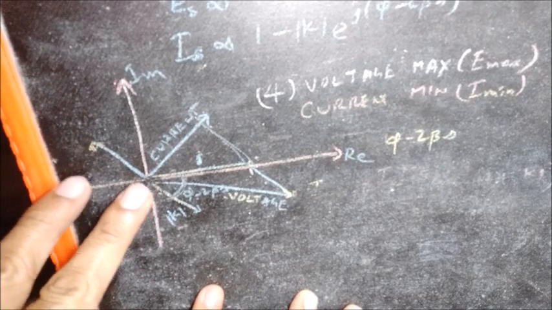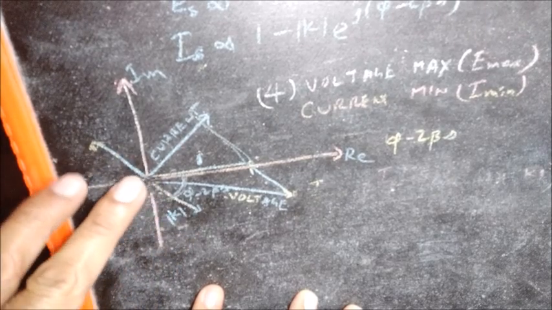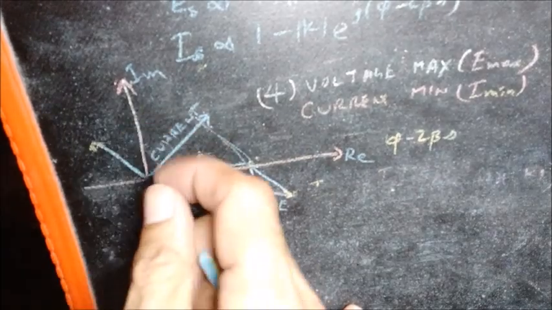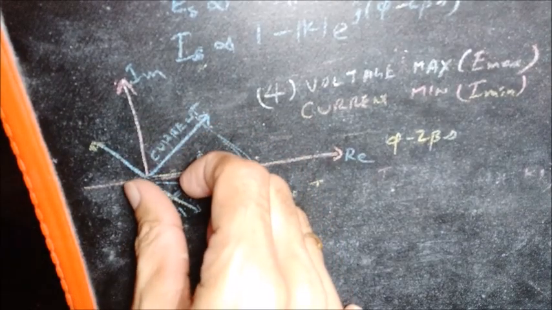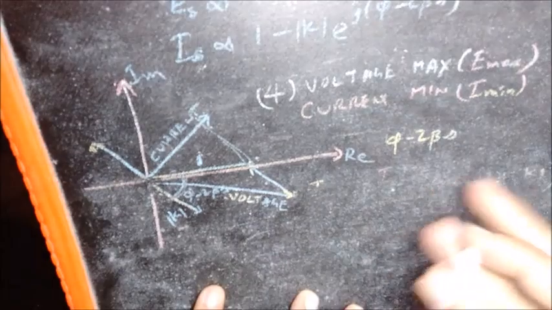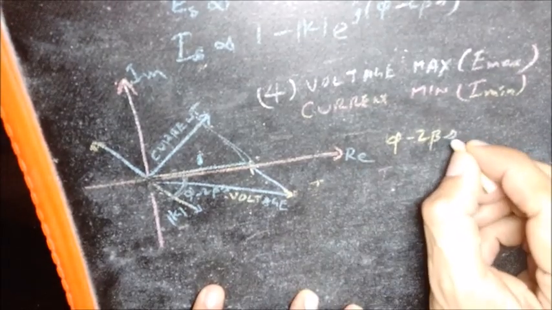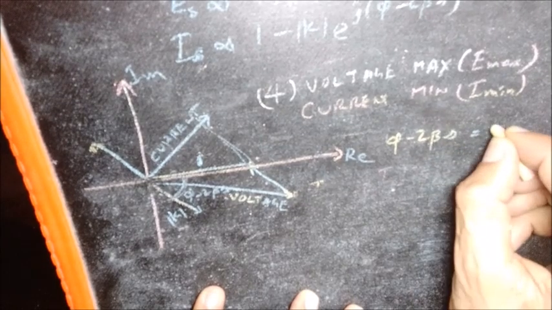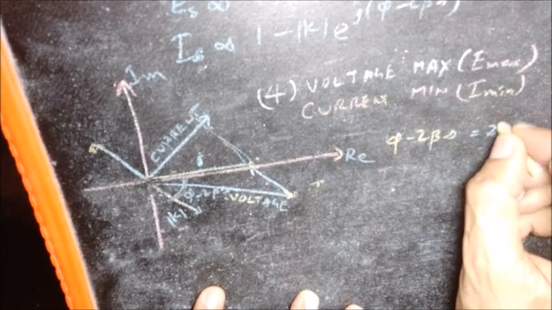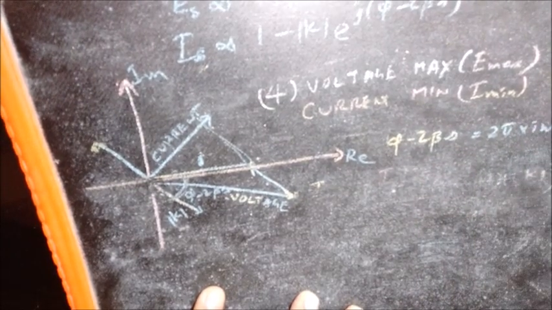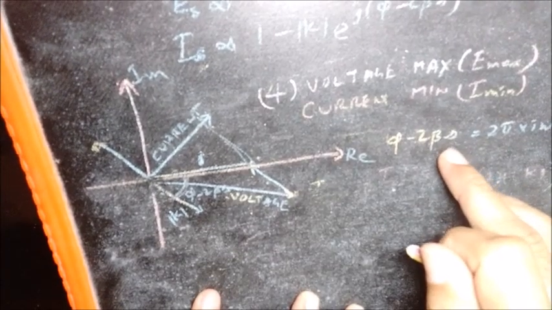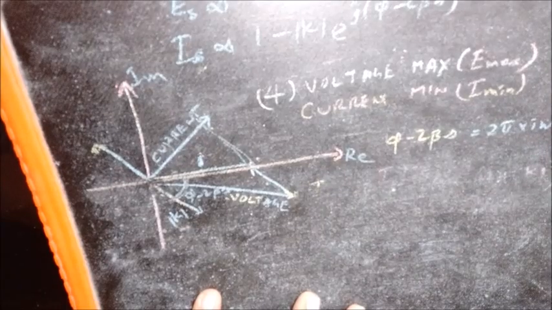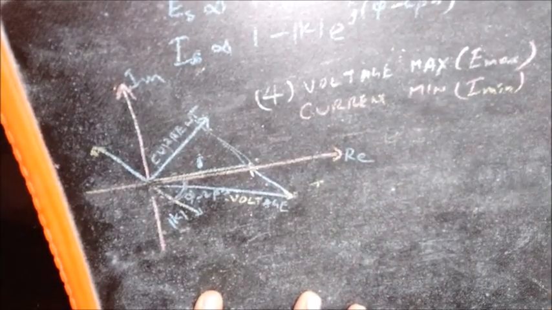Correspondingly, this will come over here because it is the negative of this, and the current phasor will end up getting its minimum value of 1 minus magnitude k. So it all happens at the same value of s, wherein phi minus 2 beta s becomes an integer times 2 pi. The point s where you have the voltage maximum will be the same point where you will have a current minimum. That is the next observation.